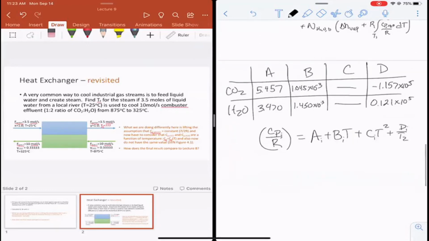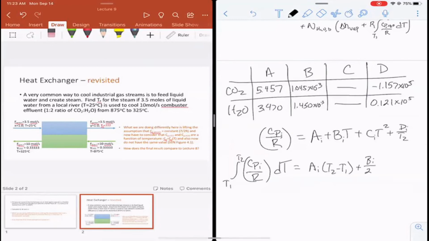So that integral from T1 to T2 is again just equal to A_i times T2 minus T1, plus B_i over 2 times T2 squared minus T1 squared, plus C_i over 3 times T2 cubed minus T1 cubed, minus D_i times 1 over T2 minus 1 over T1.